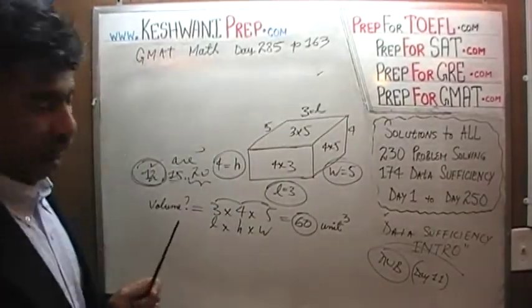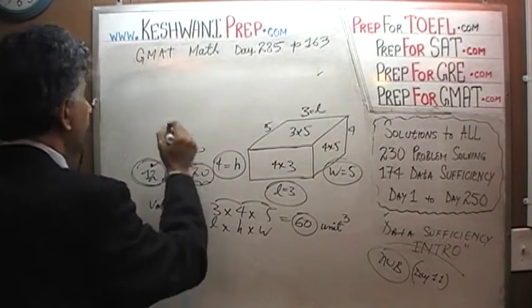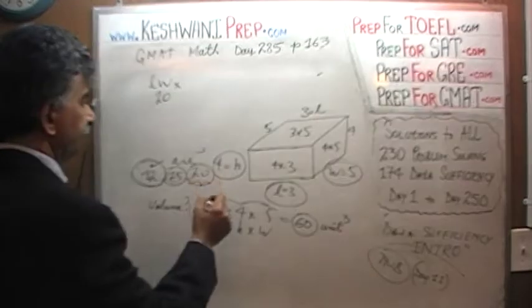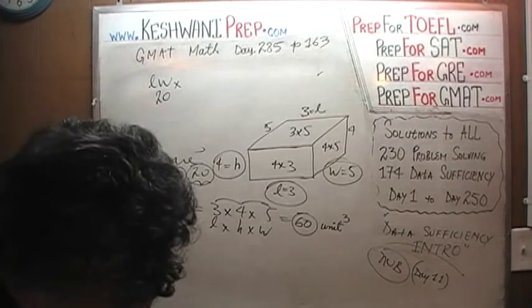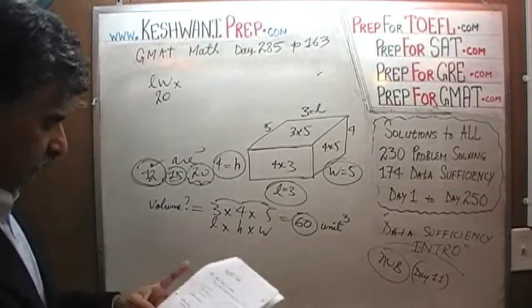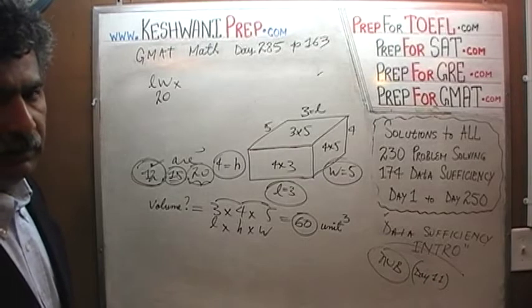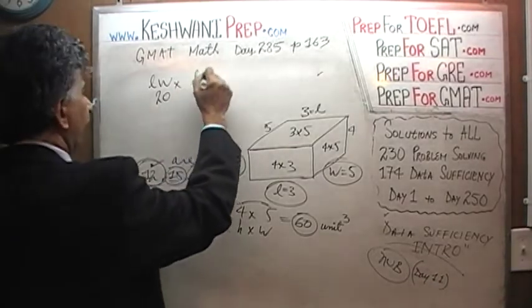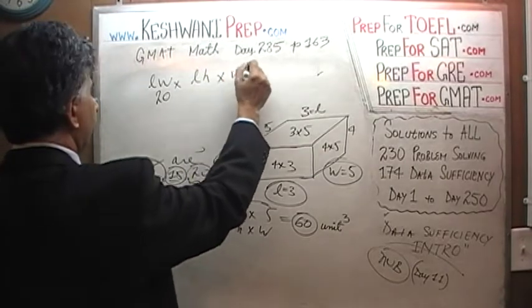It's very simple. Algebraically, these are the three faces, 12, 15, and 20. So length times width is 20. It really doesn't matter what you call them. The notations really don't matter. And length times height, let's call it, and width times height.